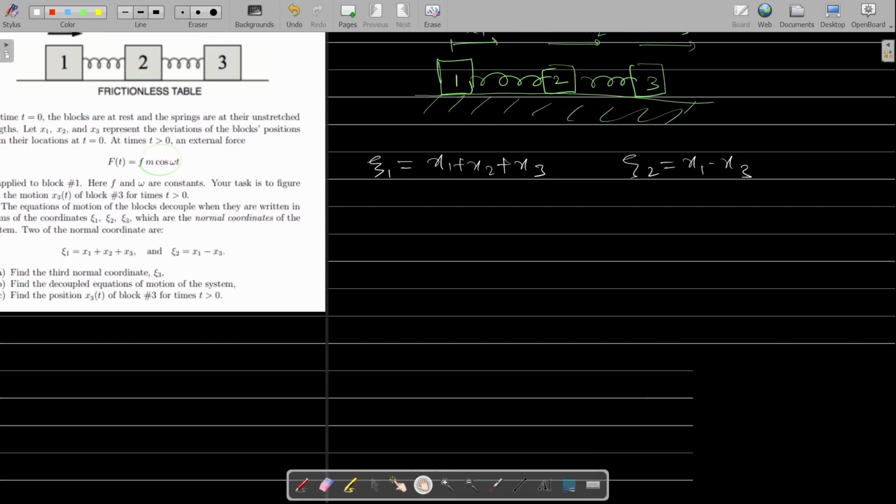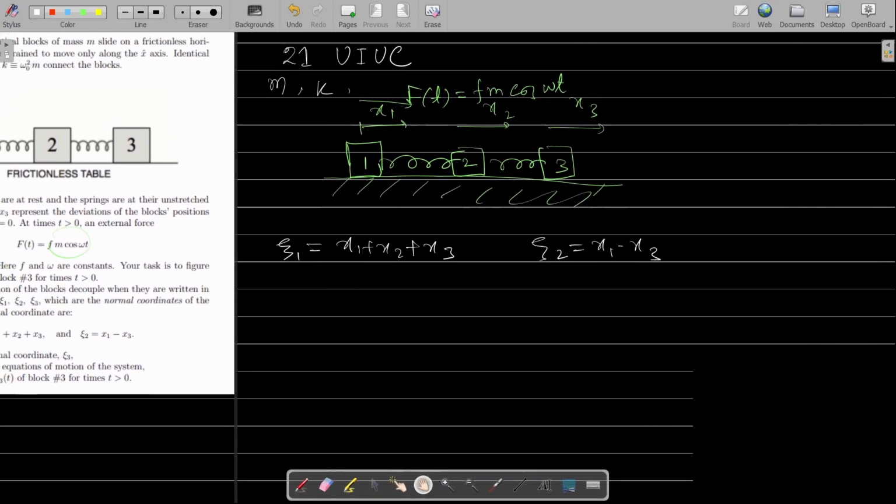Let's write down the equations of motion. We'll use Newton's equation of motion. We don't need Lagrangian or Hamiltonian or any fancy tools; Newtonian is enough for this.